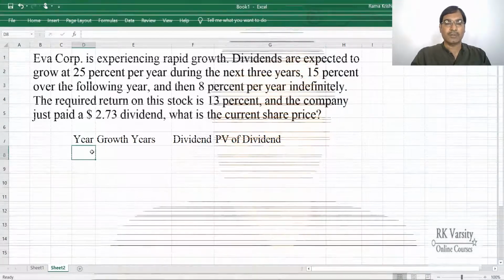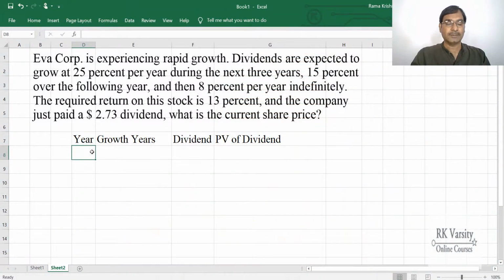So here also I use the same problem that I explained to you using a formula approach. At year 0, your dividend paid is $2.73 and dividends are expected to grow at 25% per year during the next 3 years. So those are the growth years in the first stage, that is 1, 2 and 3.